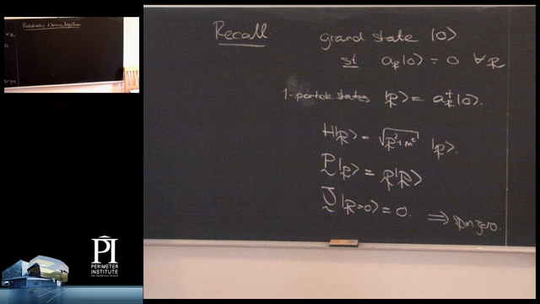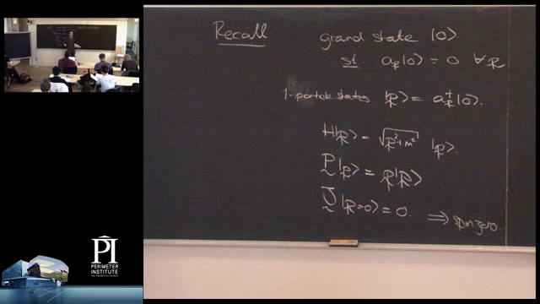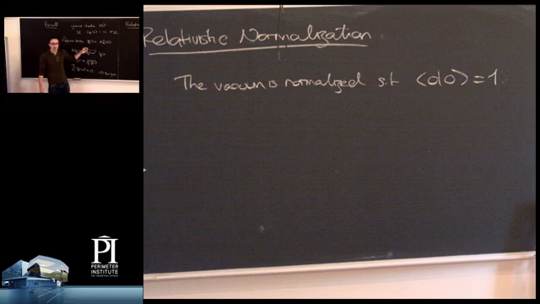It's to do with this point that we haven't got manifest Lorentz invariance. We believe the theory is Lorentz invariant because it came from a Lagrangian which was Lorentz invariant. But we had to go to the Hamiltonian picture, which involved picking a time. And then we look at these states, and the states are just labeled by 3-momentum. And so we might be a bit worried.